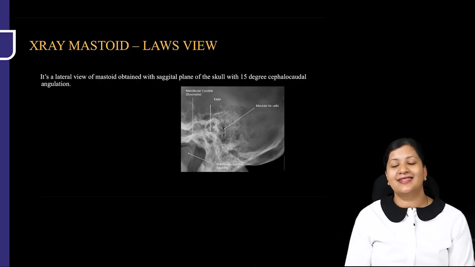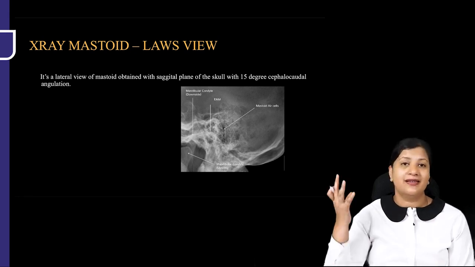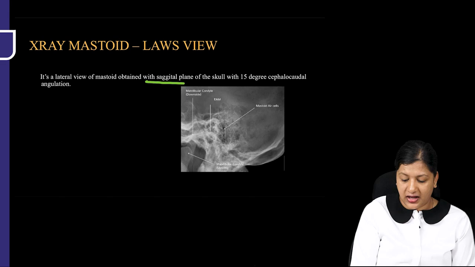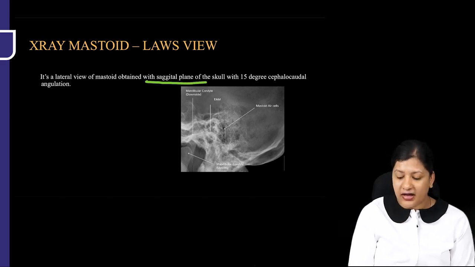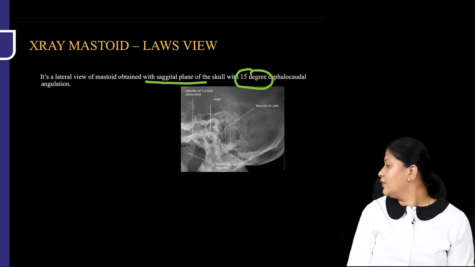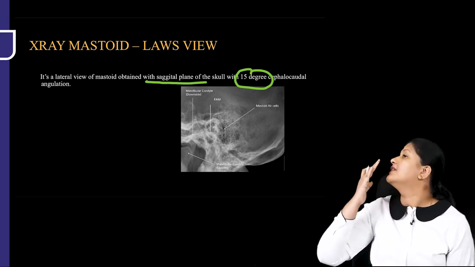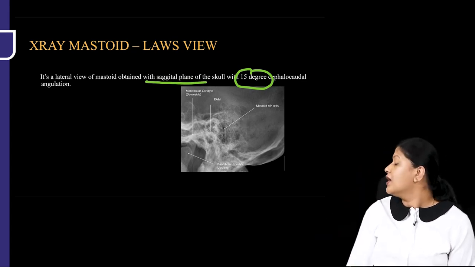Now let us understand some of the ear views. So far we've understood the views related to your nose. Let us see some of the views in relation to your ear and the mastoid. So if you see, there is a sagittal plane that we have taken and there is a 15 degrees cephalocaudal angulation. If you take a view like this with 15 degrees angulation, meaning cephalocaudal, we call this view Law's view.